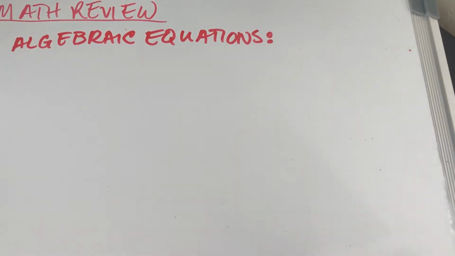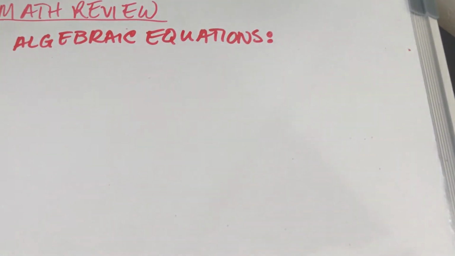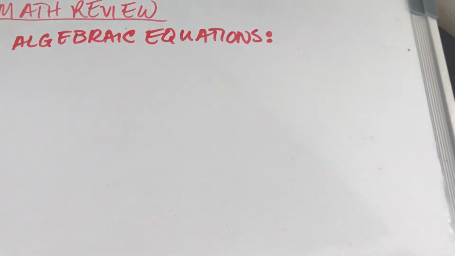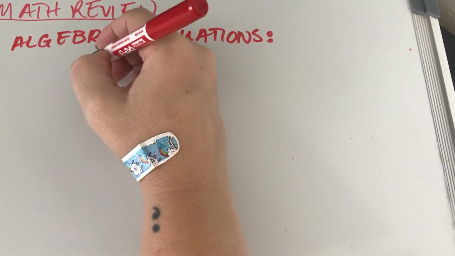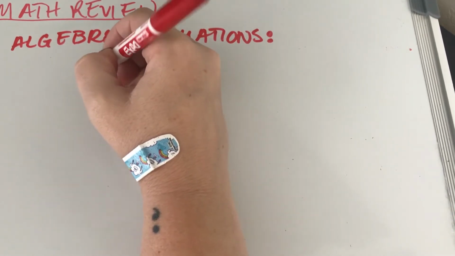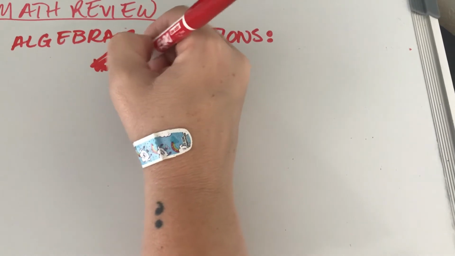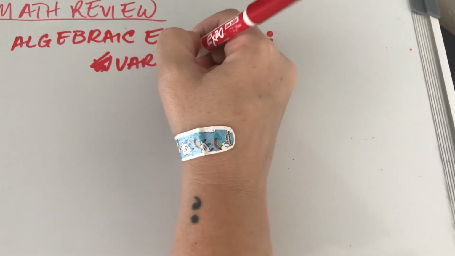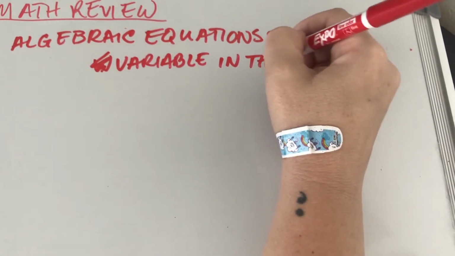Okay, so I think generally people tend to be quasi-comfortable with that. There's a couple of instances where I think people get a little bit tripped up with algebra, and one of those is when you're working with a variable in the denominator.